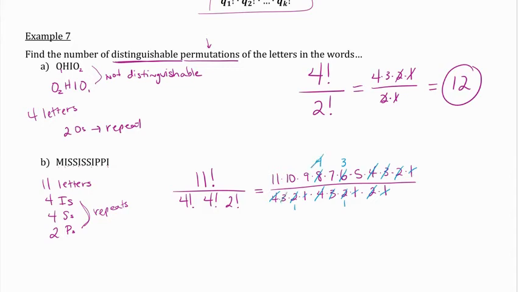And then the 3 and the 9, I can make that a 1 and a 3. So then across the top, I'm just going to do 11 times 10 times 3 times 7 times 3 times 5. And we get 34,650. There are 34,650 distinguishable ways we can rearrange or reorder the letters in Mississippi.